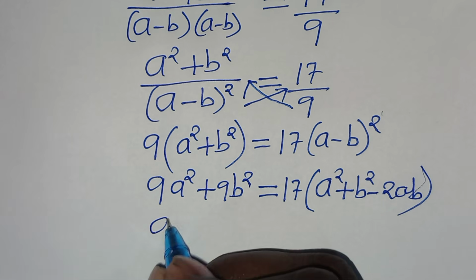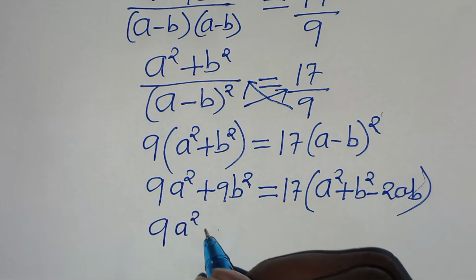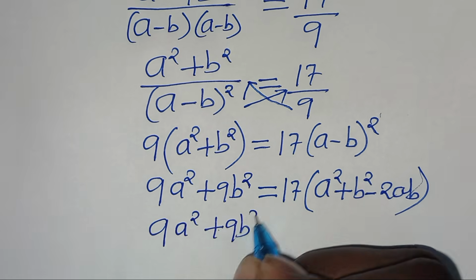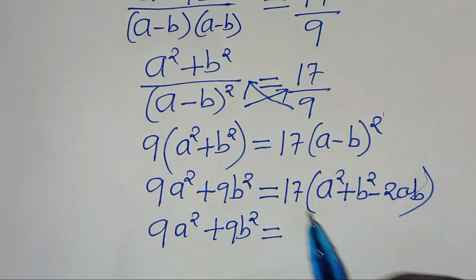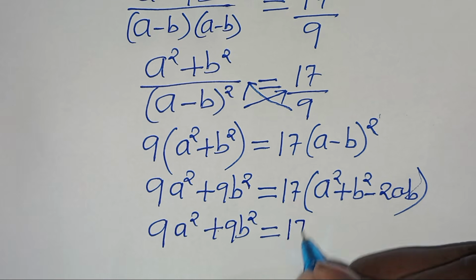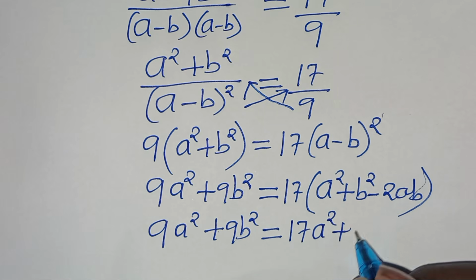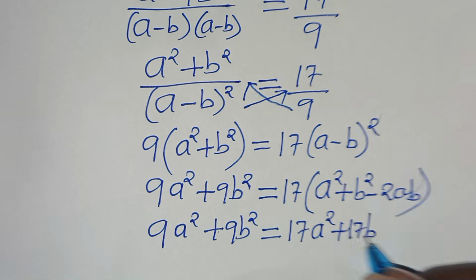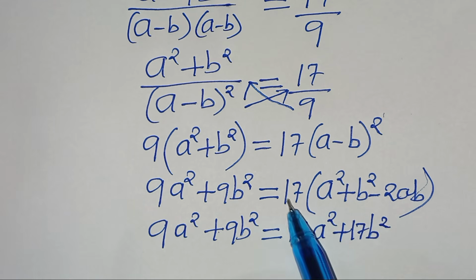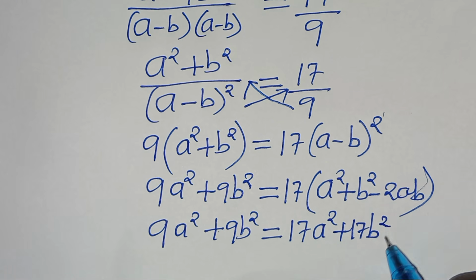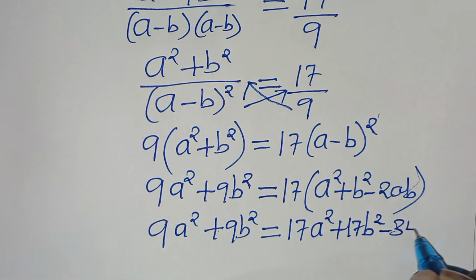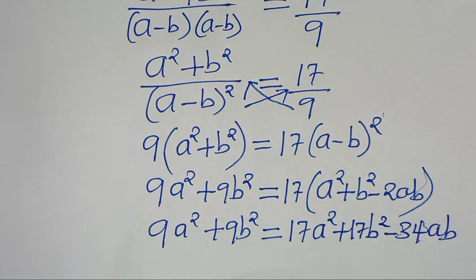So we have 9a squared plus 9b squared equal to 17 times a squared, this is 17a squared, plus 17 times b squared, this is 17b squared. Then we have 17 times minus 2ab, this is minus 34ab.